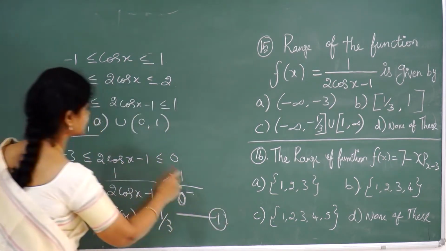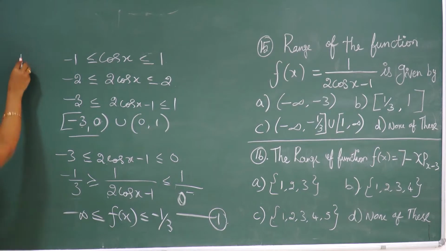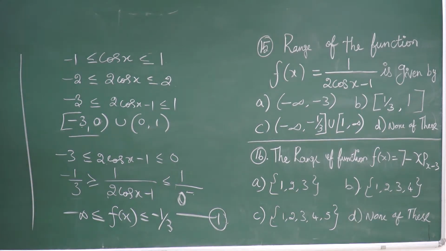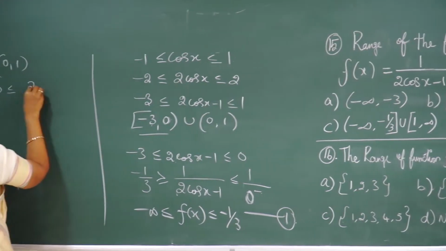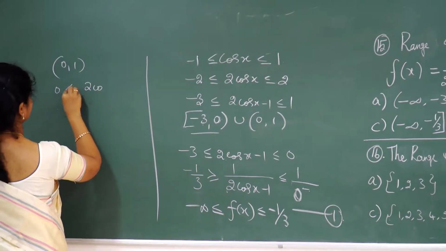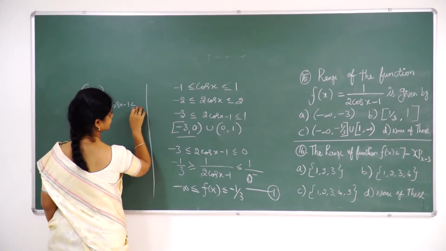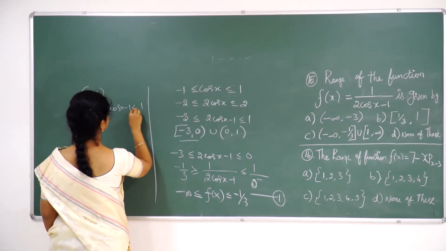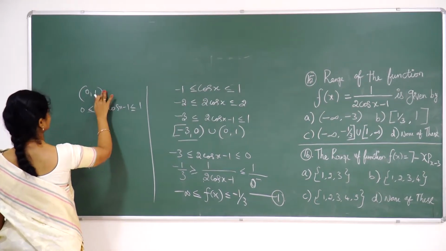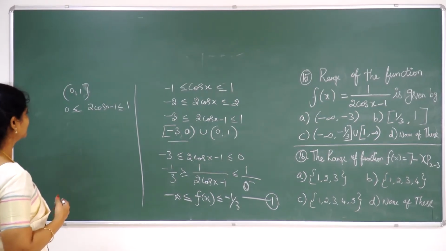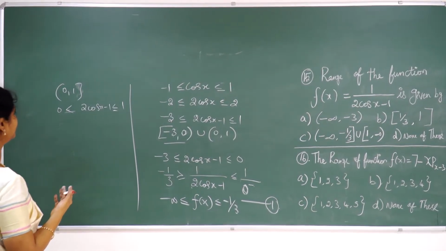Okay, so next part, 0 to 1. Find out 0 to 1. In the range 0 to 1, what is the function? 0 less than 2 cos x minus 1 less than or equal to 1. Next you take the reciprocal, and the inequality is reversed.